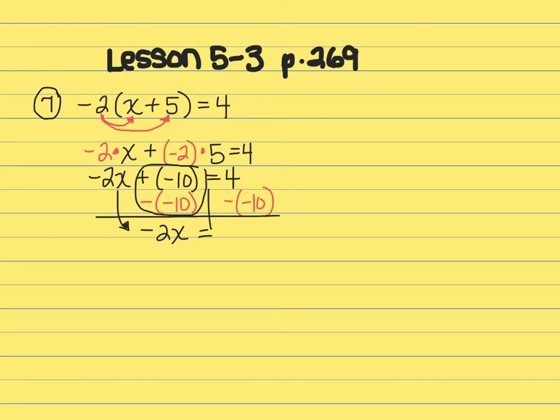Adding a negative 10 and subtracting a negative 10 are opposite operations. 4 minus negative 10, when you type that into your calculator, turns into 4 plus positive 10 because subtracting a negative is the same as adding the opposite. So we end up with 14. Our last step then would be to undo negative 2 times x by dividing both sides by negative 2. And in this case, x equals negative 7.